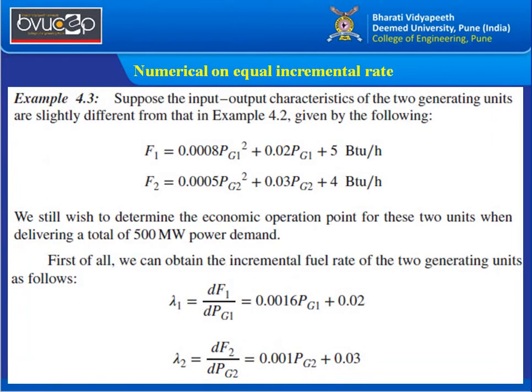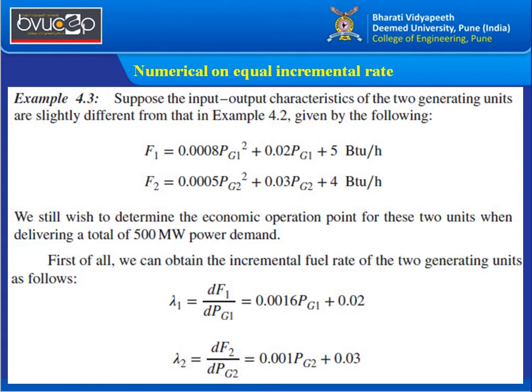Let us go to the second part. Example 4.2 is the previous example which we have already discussed. Now suppose we take the input-output characteristics of the two generating units with a slightly larger difference compared to the previous example.